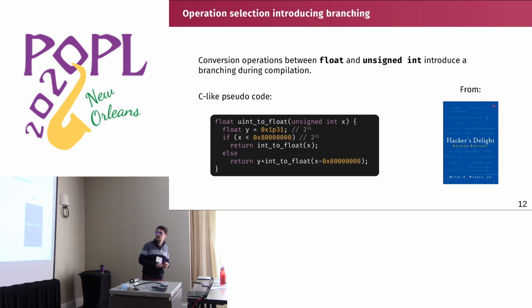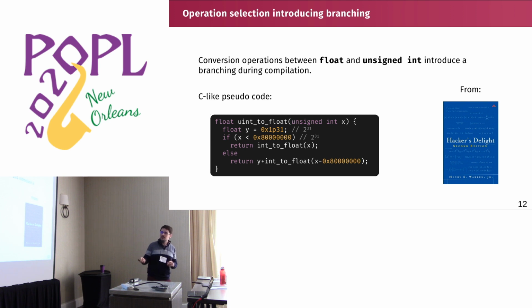An example of such an operation is a conversion from an unsigned integer to a float value. This is a problematic transformation because there is no such operation in the x86 architecture. But there is one that can perform a conversion from signed int to float value.